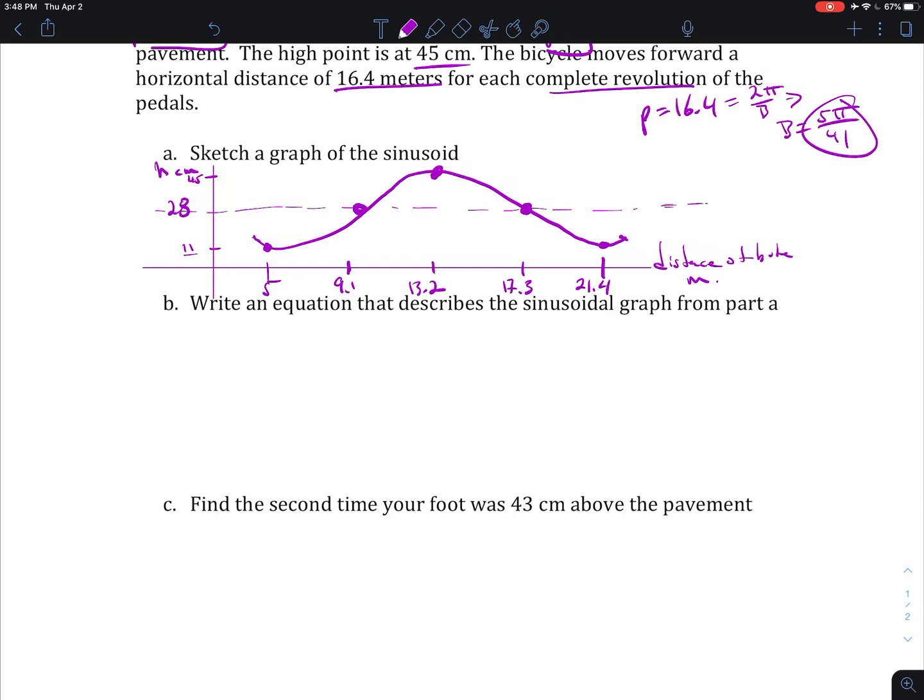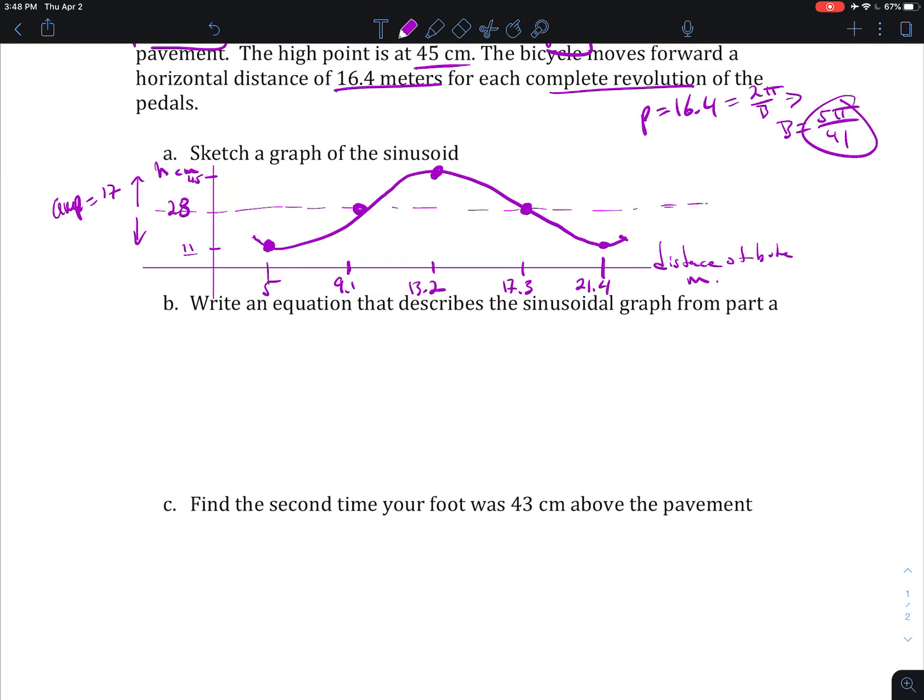My amplitude, which is this distance to the bottom and to the top of the pedal from the horizontal axis, looks like it's 17. That's my amplitude. I've got b. I've got my vertical shift, which we know is 28, the new horizontal axis, and then the horizontal shift, which if I'm doing my negative cosine is going to be 5.